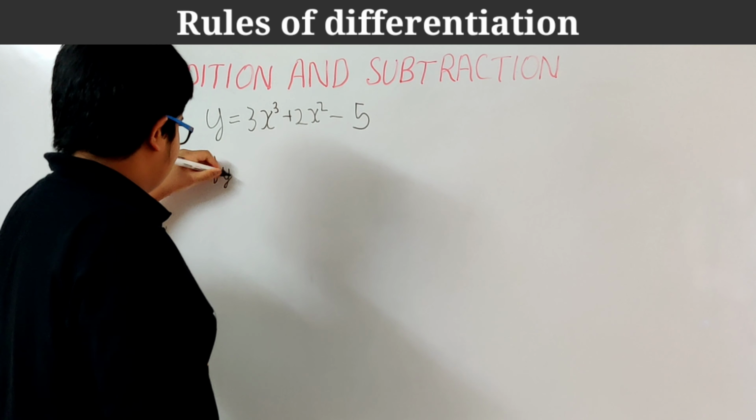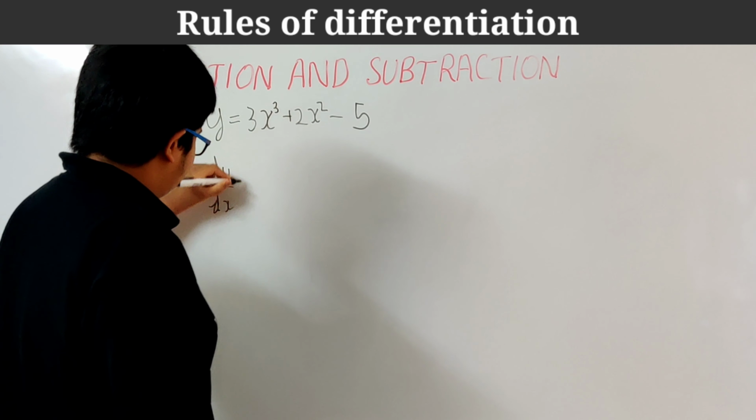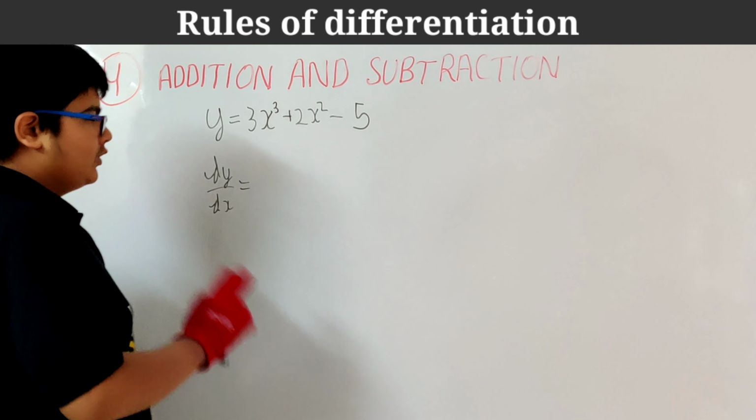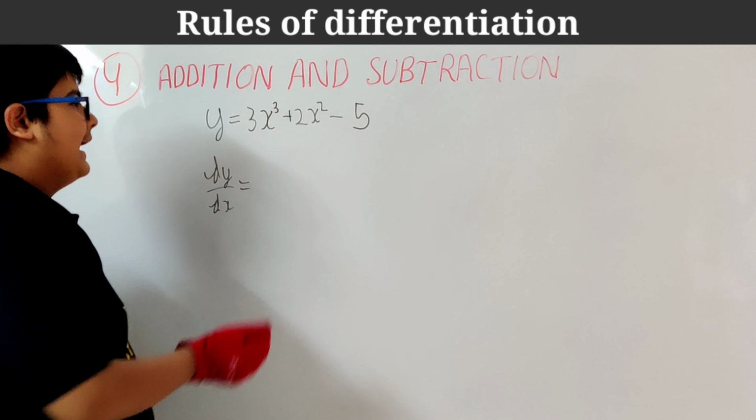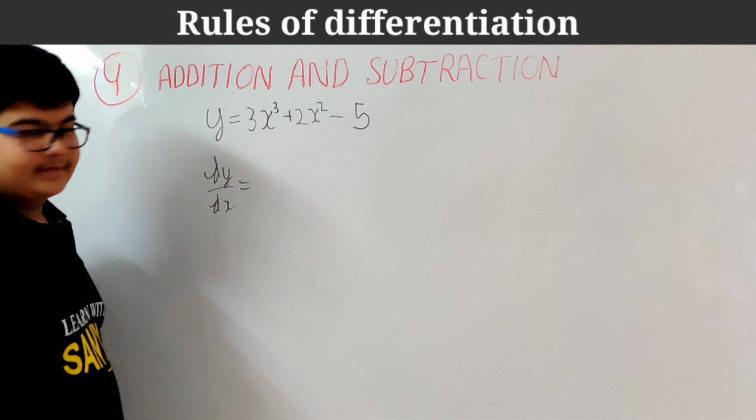So dy upon dx will become, what we have to do is simply differentiate all these three terms separately and put the operator in between.